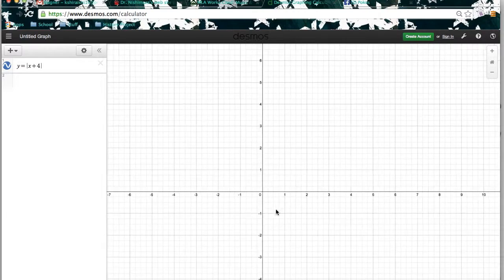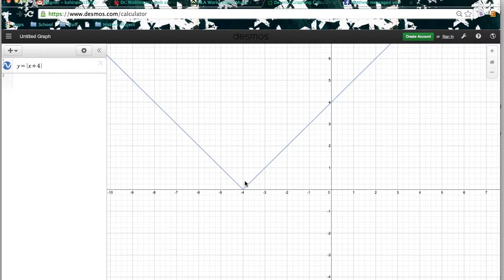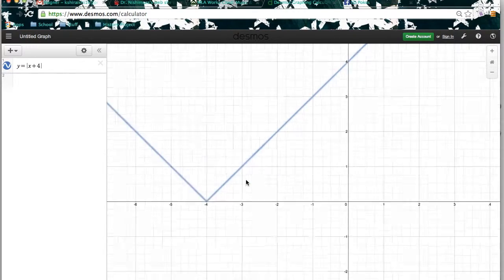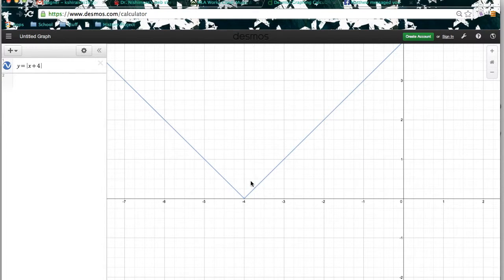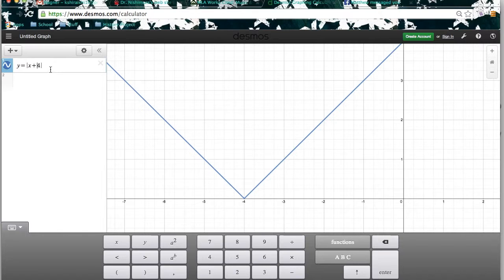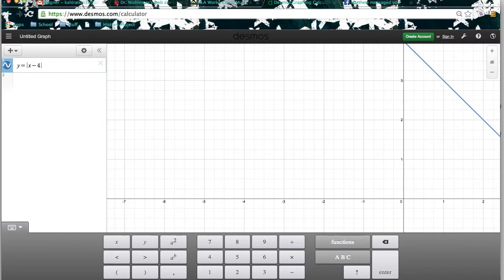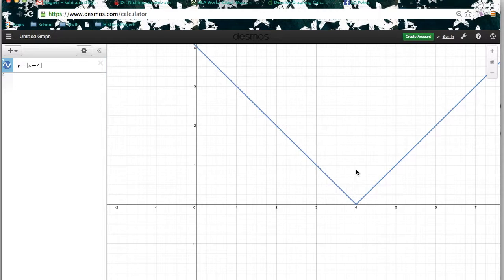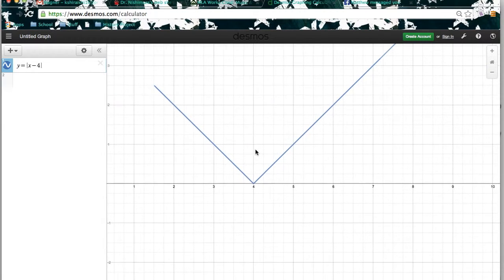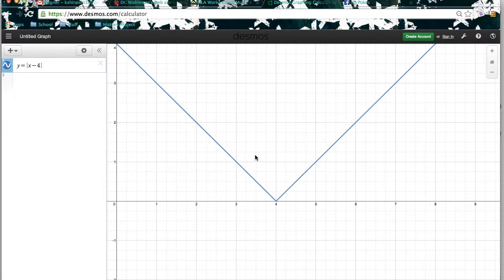Notice how the graph is moved to the left, because absolute value, like all absolute values, switches the sign, usually to positive, but this is a different case. Here, let's try minus 4. It moved to the right. So again, that's the main gist of how absolute values work.